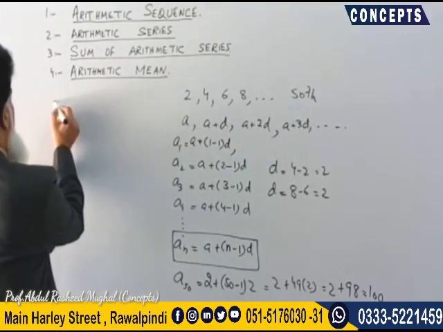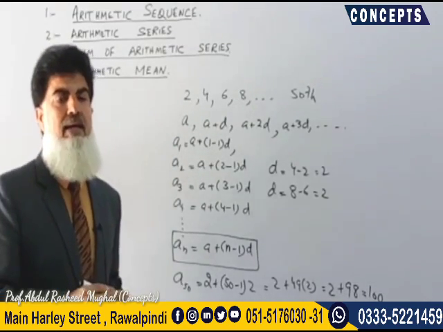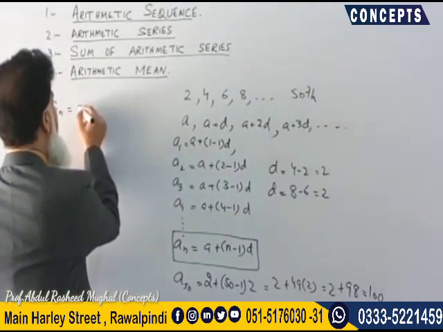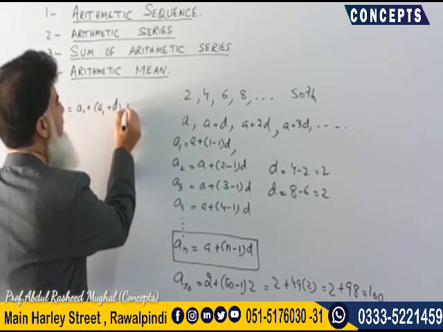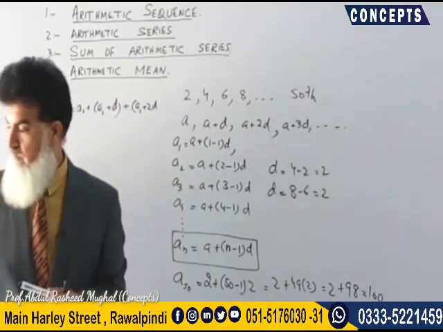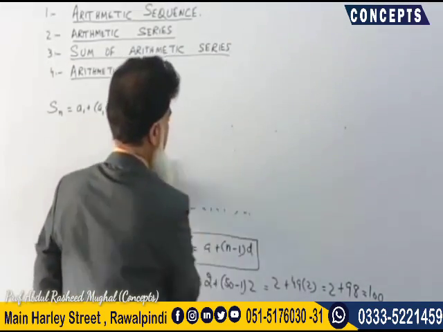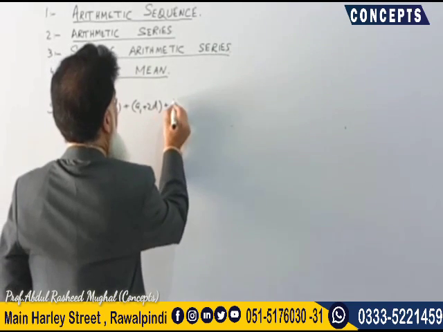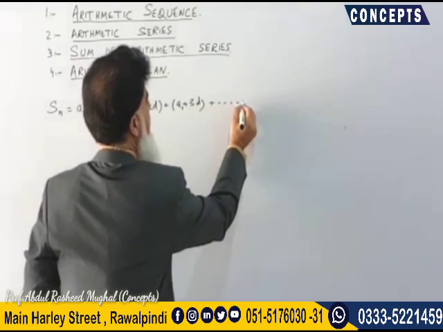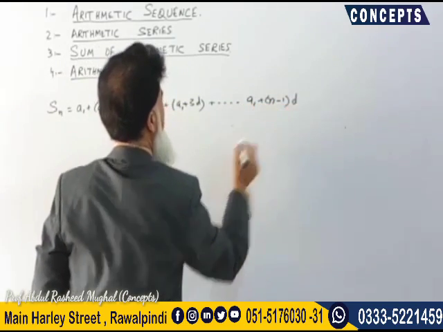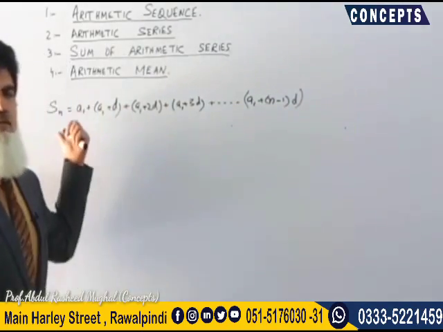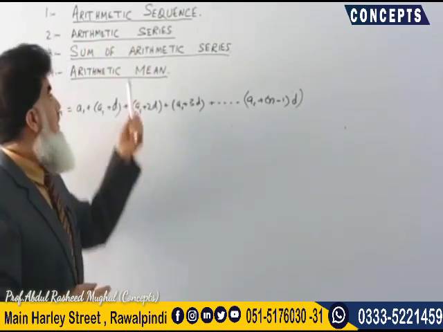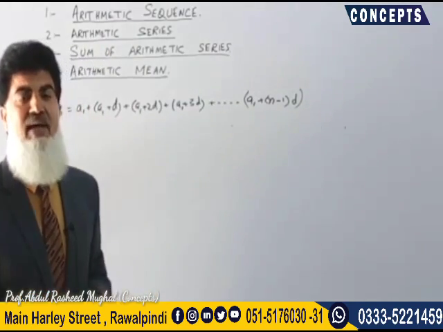If we represent Sn as the sum of the n terms of an arithmetic sequence, it will be like this: A1 plus A1 plus D, A1 plus 2D, A1 plus 3D and so on, A1 plus n minus 1 into D. This is an arithmetic series, sorry, not a sequence. And in the next topic we shall find the sum of an arithmetic series.